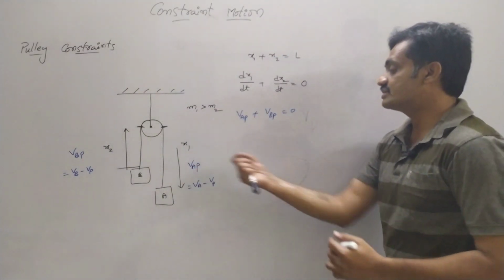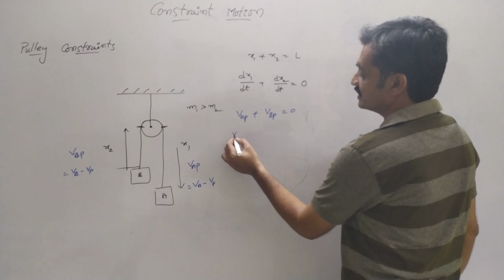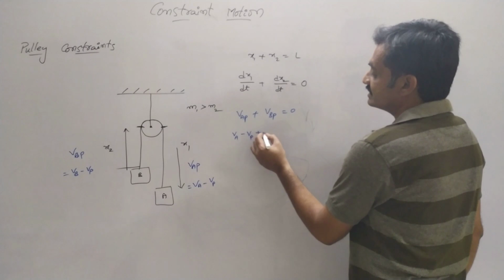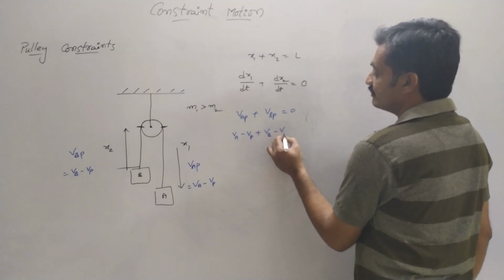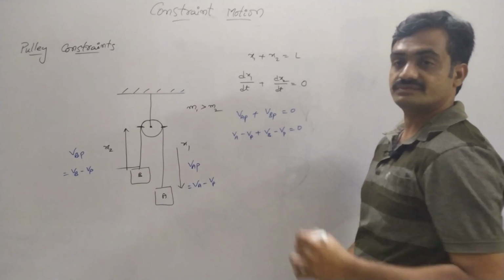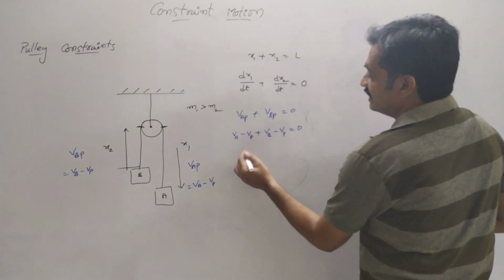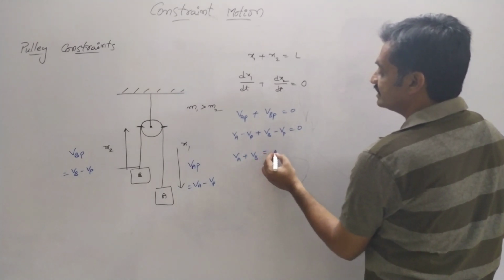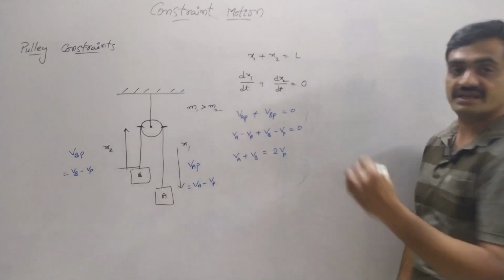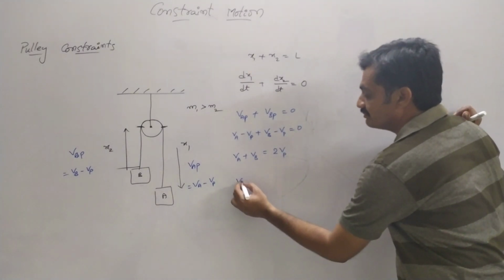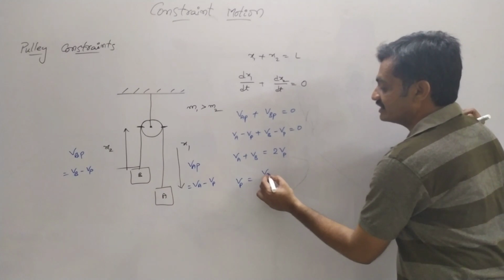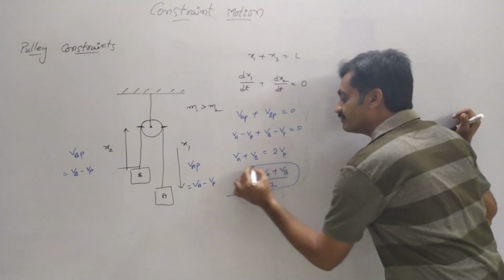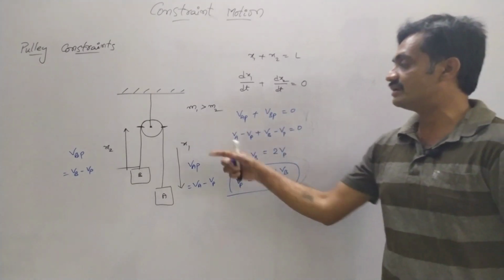If I substitute these two equations in this equation, we have V suffix A minus V suffix P plus V suffix B minus V suffix P equals 0. Observe V suffix A plus V suffix B is equal to 2 into V suffix P, so the velocity of the pulley is equal to V suffix A plus V suffix B by 2. This represents the common equation for the velocity of the pulley.